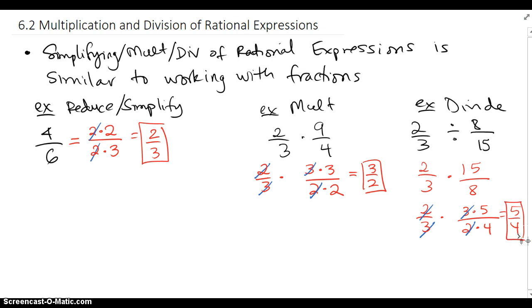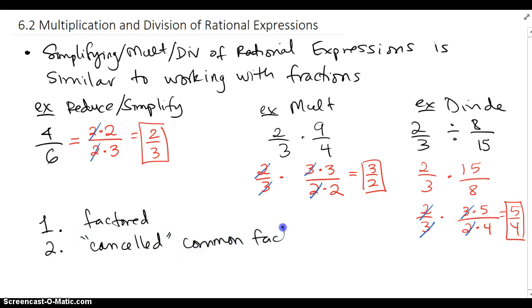and my final answer will be 5/4. So if we had to summarize, we took each one and wrote it as factors. We factored the terms, the numerators and the denominators, and then we canceled or divided out common factors.